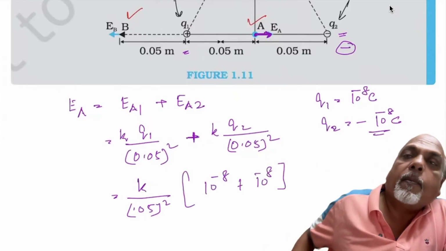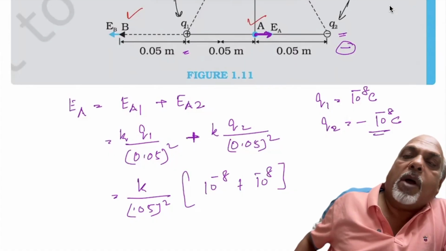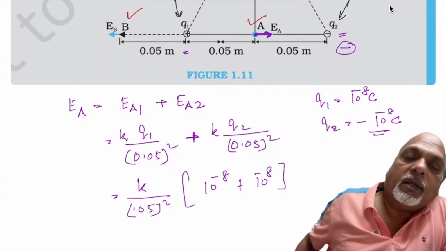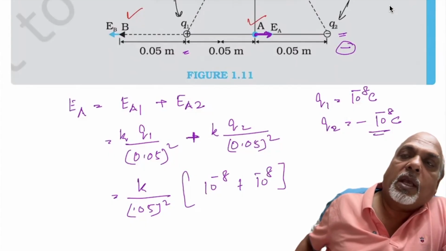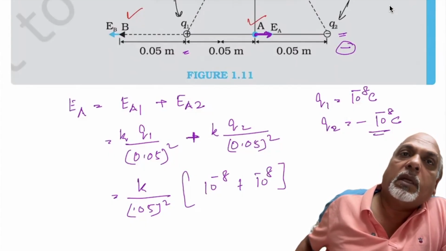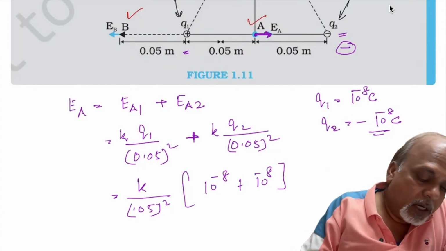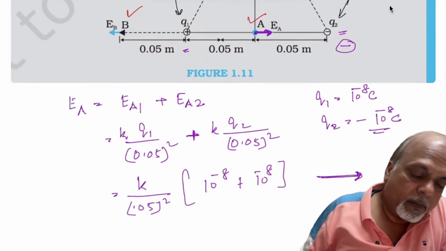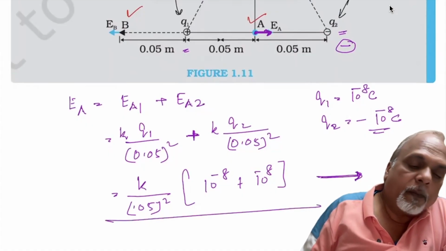Mind it, the minus sign we are not considering because we have already taken the direction because of the minus charge. Correct? And what is the direction of EA? It is towards the right.